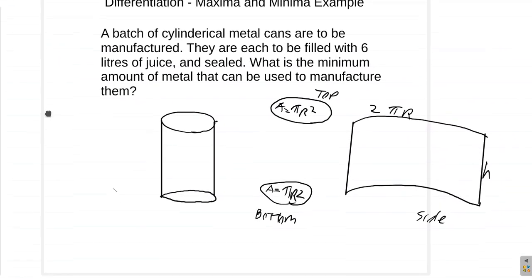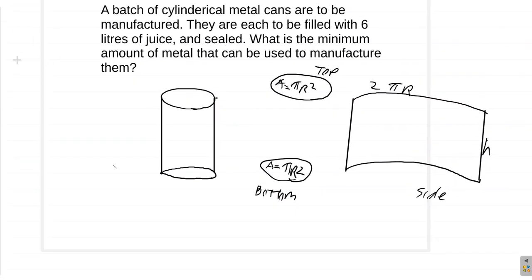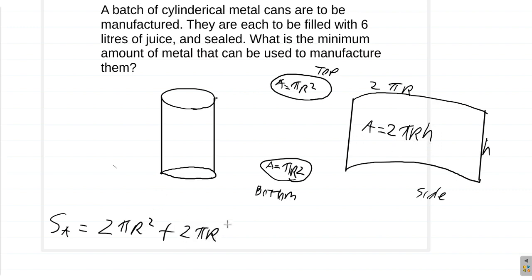So, in this case, the total surface area, call it SA, would be pi r squared plus pi r squared, which means 2 pi r squared, plus the area of the side, which would be 2 pi r, that's the length, times the height, which is h. So it's plus 2 pi r h. So that's what you have.